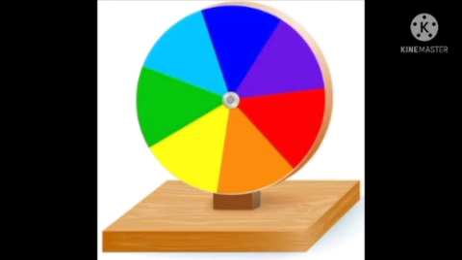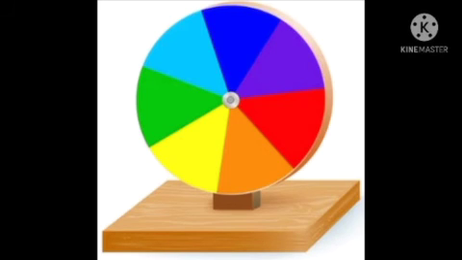Now what special disc it was: one side of the disc was divided equally into 7 petals, or you can say 7 parts, of the 7 colors you can see in the image, correct? Now red, orange, yellow, green, blue, indigo and violet, these are the 7 colors. So the disc was fitted on a stand and then rotated very fast.